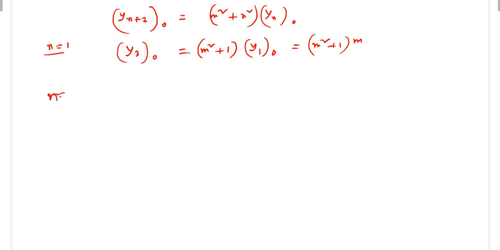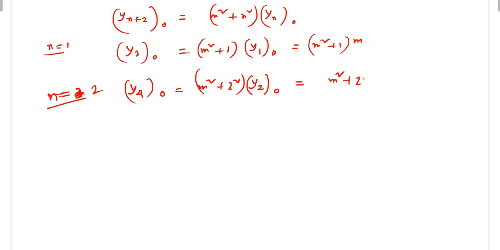If I put n equal to 2, y4 at 0 equal to m square plus 2 square into y2 at 0.